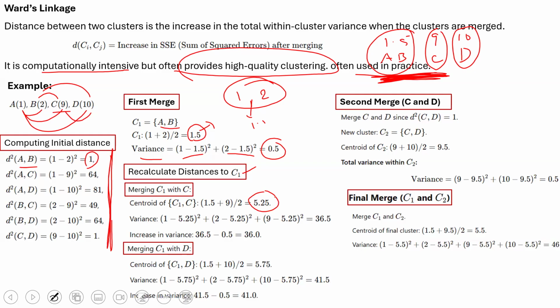The centroid of 1 comma 2 comma 9, or else you can say 1 plus 2 plus 9 by 3, comes down to 12 by 3.